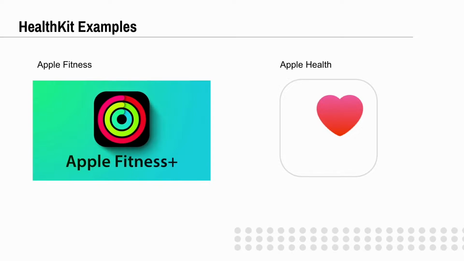We have Apple Fitness, which, if you have Apple Fitness, you know is those three little rings that you see on your phone and on your watch. And then there's Apple Health, which really acts as Apple's visual store for all of your health data.